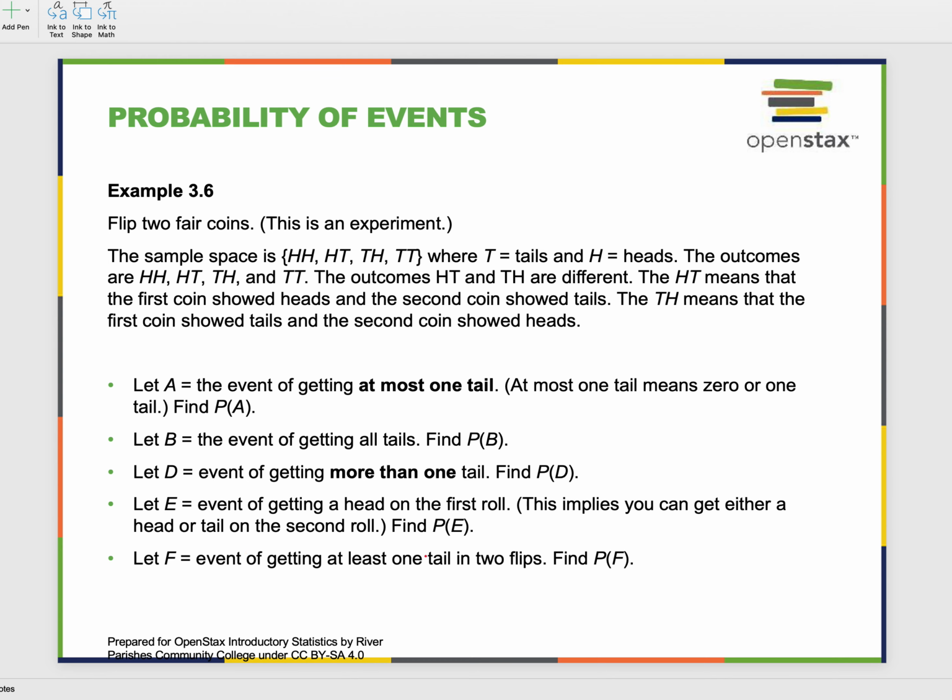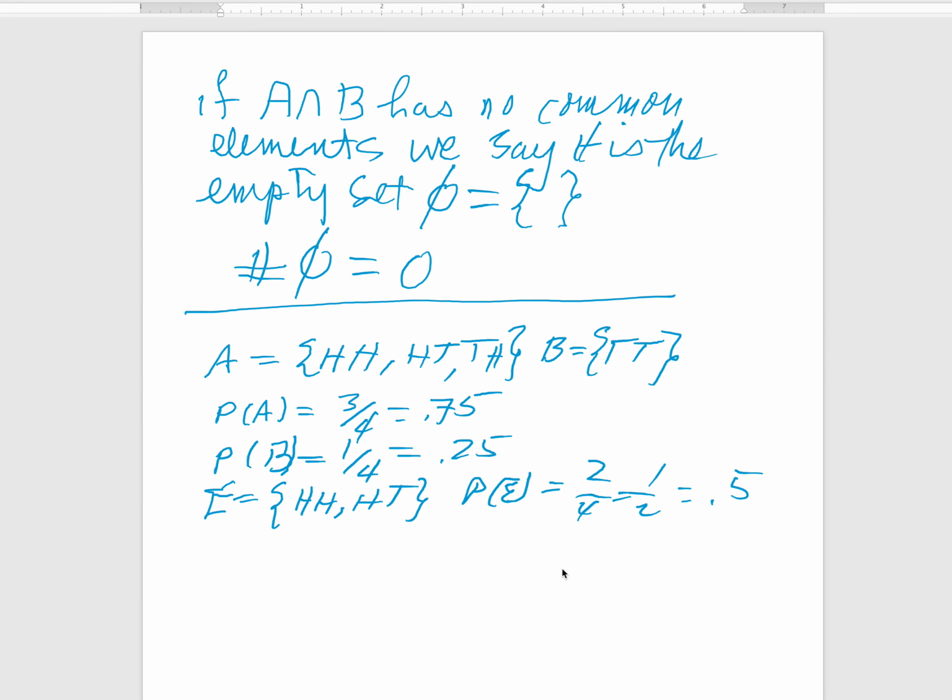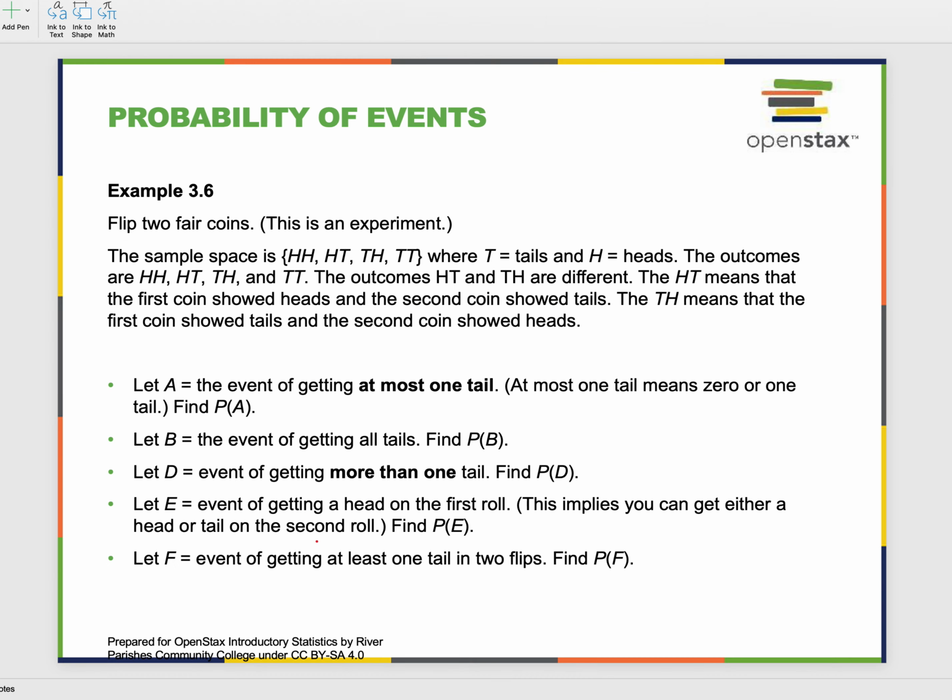Let F be the event of getting at least one tail in 2 flips. Find the probability of F. So what does F all of a sudden look like? What was it again? Getting at least one tail.